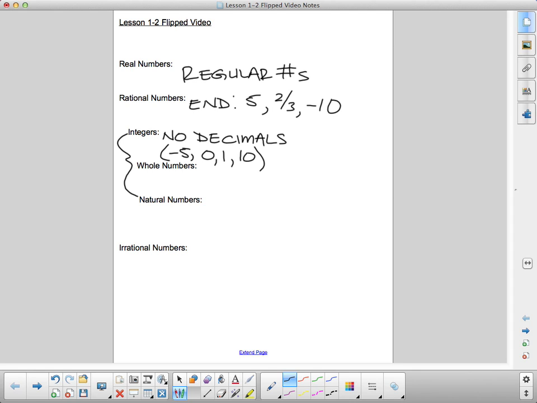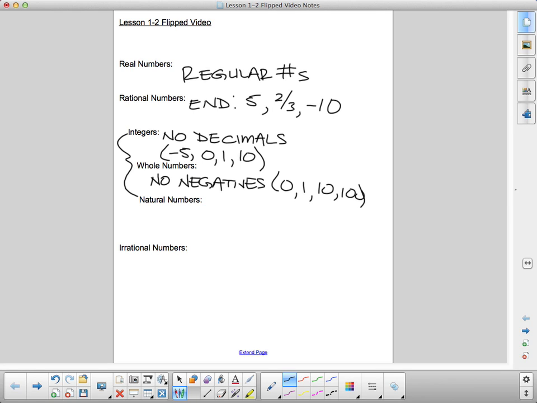Whole numbers, we're going to drop off the negatives. No negatives, so bigger than or equal to 0. We're talking 0, 1, 10, 100. Those kind of numbers.